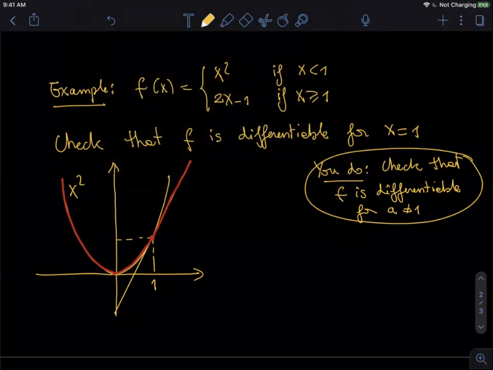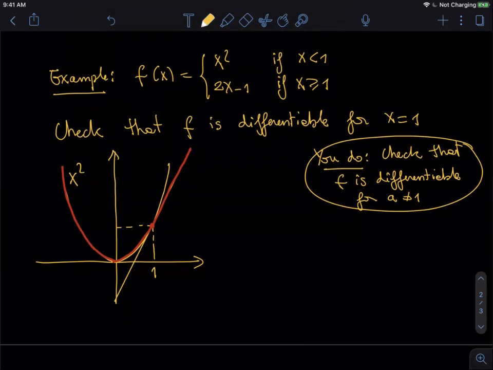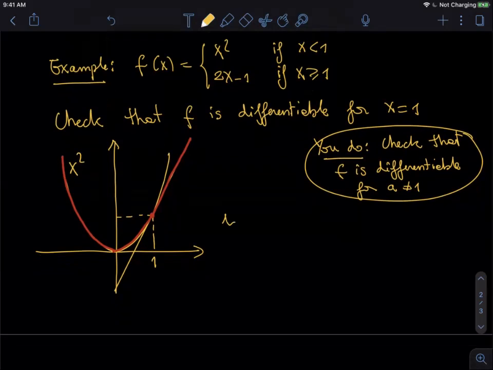To check the differentiability, the only way is to check the definition, the limit. So for that, we need to check the lateral limits. So let's do first from the right: f of x minus f of a, where a equals 1, divided by x minus 1.